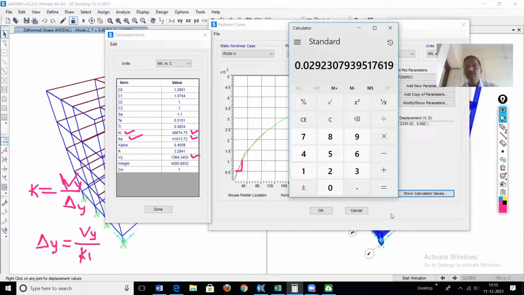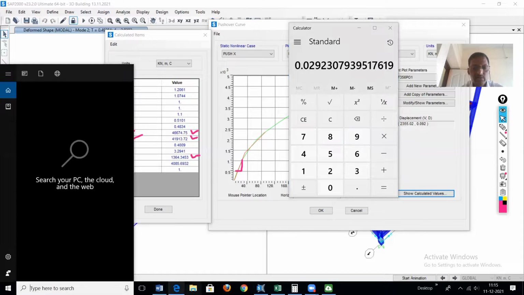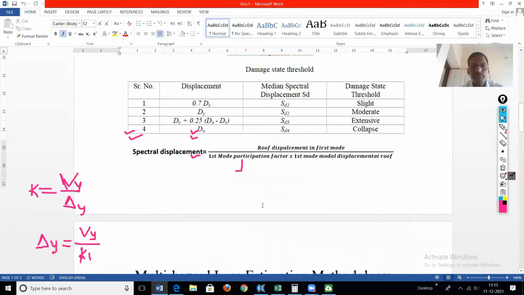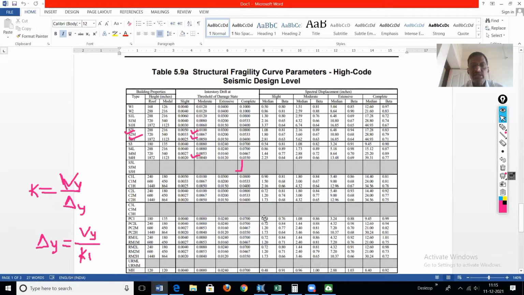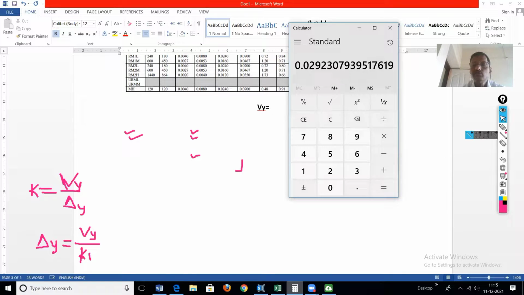So the displacement at yield point is 0.029 meter.